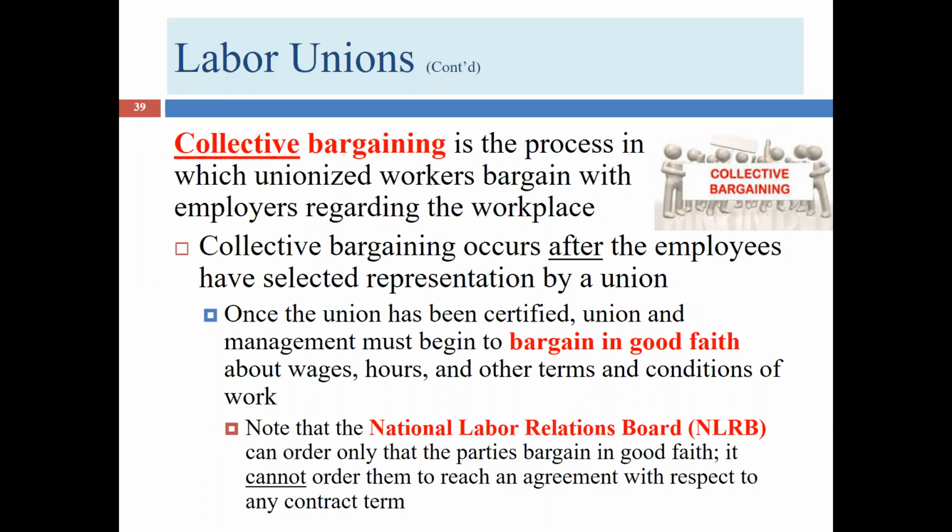As I said, it's really just like negotiating for any other contract, that there's going to be a give and take. It's just not knowable what the final results will be. Now, unions during the election process will oftentimes make extravagant promises.